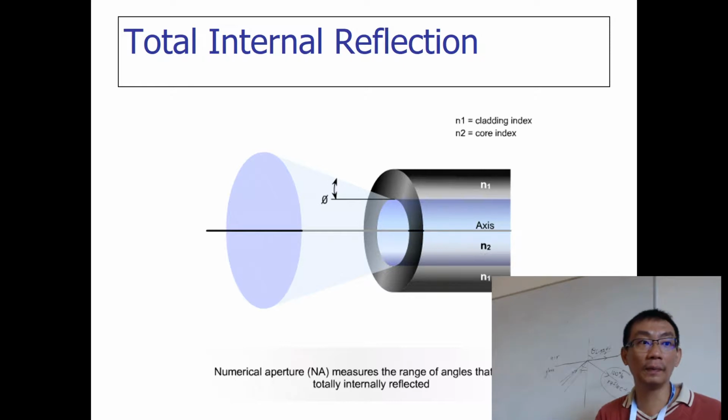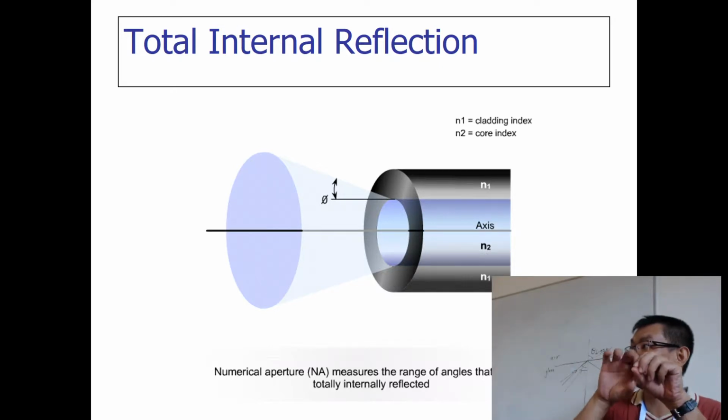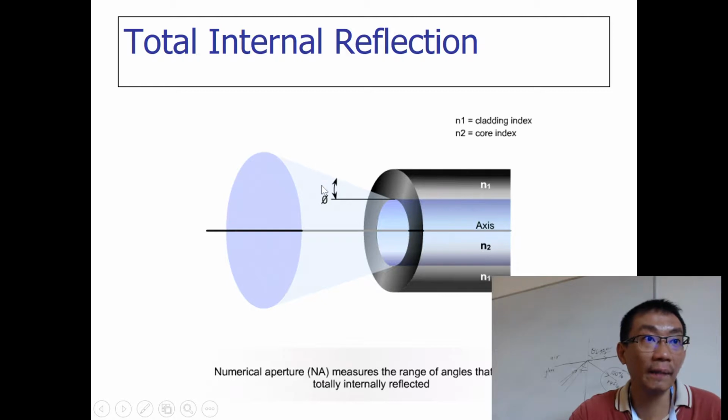If you cut the fiber out, then you can see the light will go out in all directions. Then you can see there's this theta. This is the range of angles that is totally internally reflected.